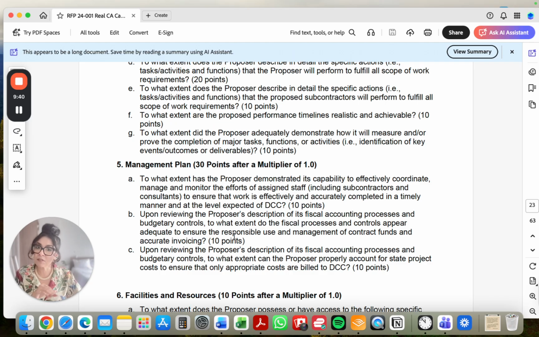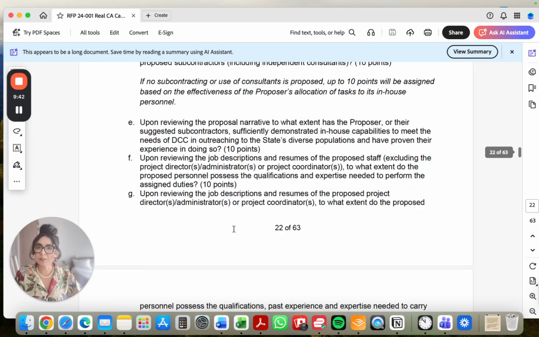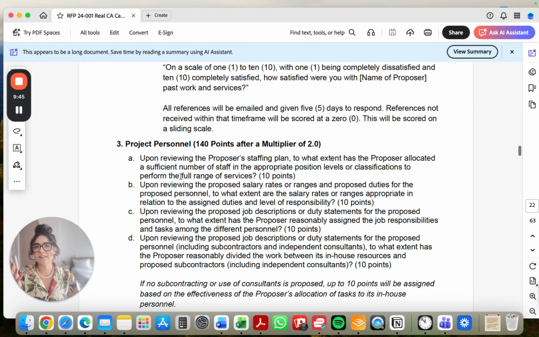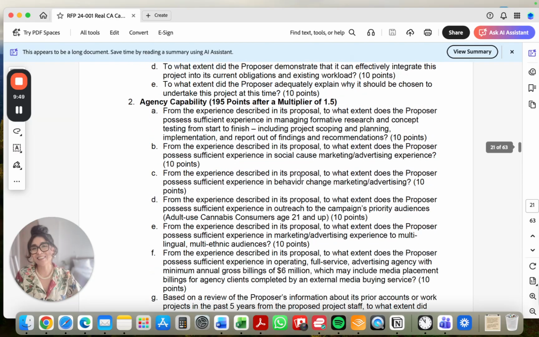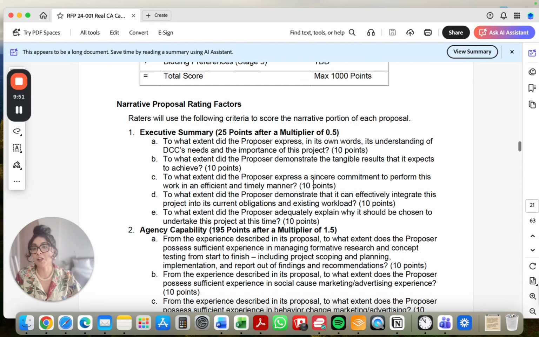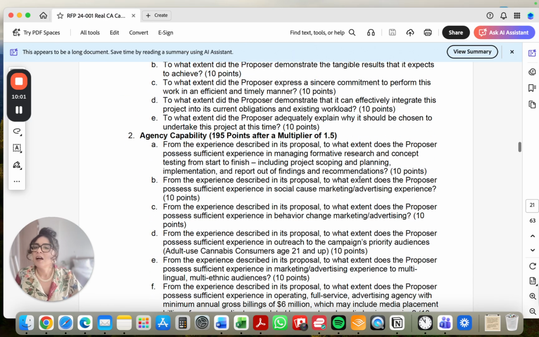You'll bold all of the text and then provide a response under each question. And that's how the evaluators will expect to see your technical proposal written out, so that they can go to the RFP and review your proposal and see that they match.